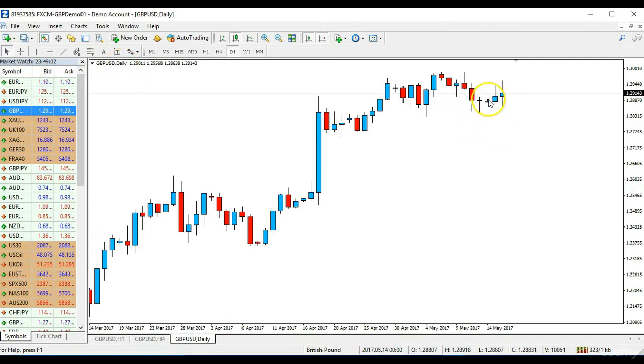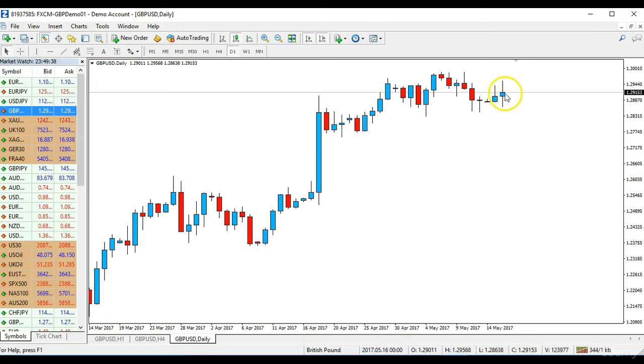Okay, so this candlestick here, if you just move the mouse and touch the top of the candle, it will give you the open, which you can see was 1.2883, the high, which was 1.2939, the low, which was 1.2880, and the close, which was 1.2901. Okay, so that's all it does.